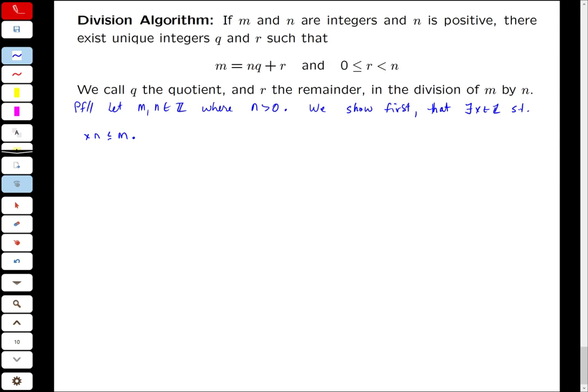That's going to be the first step. Then they're going to subtract it. They'll get m minus xn. Now n is positive, so what does that tell you? Yeah, n has to be greater than or equal to 1, right? If n is positive, n is greater than or equal to 1.